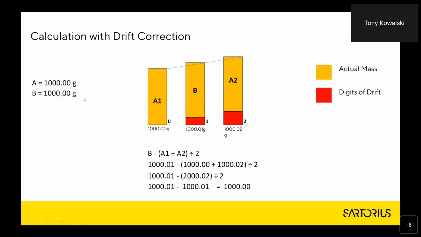We can just use the same single weight. It just makes it easier. So A, B, and then A again. It doesn't matter if they're both the same weight because the calculation will take out the drift in exactly the same way. You get a value, a second, a third, a fourth, and a fifth, and then calculate the standard deviation.